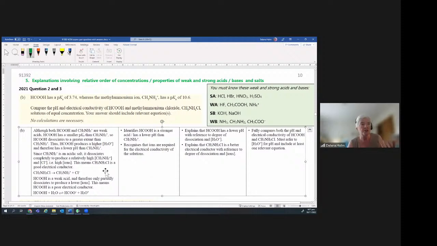If you're given a salt, or if you're asked about the conductivity, then remember what you explain conductivity. You need charged particles to move, and obviously the more charged particles you've got, generally the better the conductivity.